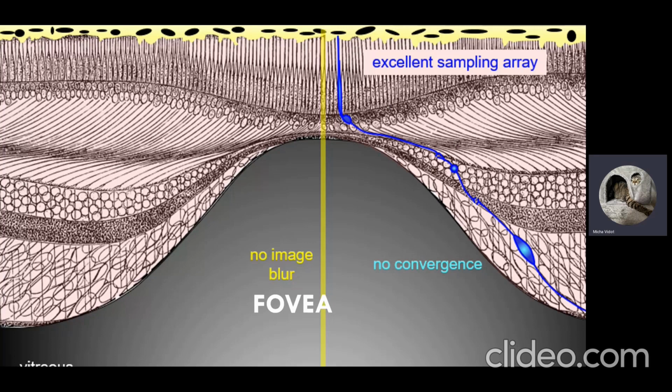So this makes a well-focused and well-sampled image with no convergence that could mess up image clarity. So the fovea is specialized for the highest resolution and the best color vision. Resolution and color discrimination decrease as you go outwards due to more convergence and overlying tissue, which gets coarser, so there are more neurons and capillaries in the peripheral retina.